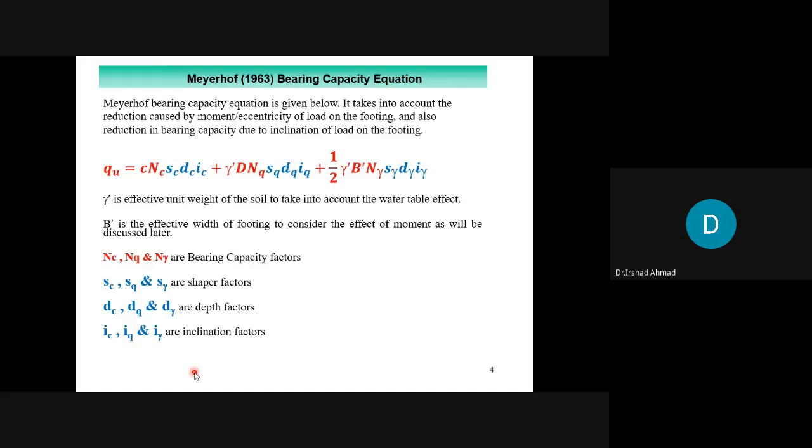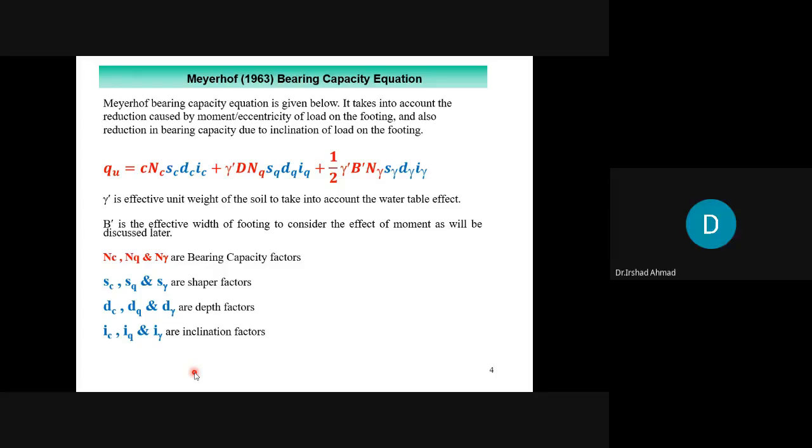This is the Meyerhof bearing capacity equation. All the terms have been explained and the equation given. Only one parameter is still to be explained. Can anybody tell me which is that parameter? B prime, sir.